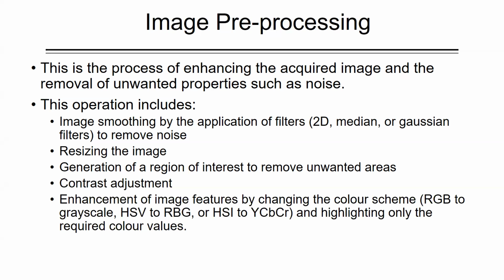An example is if you want to look at a traffic light. If you want to analyze the colors of a traffic light, then everything else is secondary to what you're trying to do. And in that instance, you can use color enhancement to only highlight the colors in the area of the traffic light.